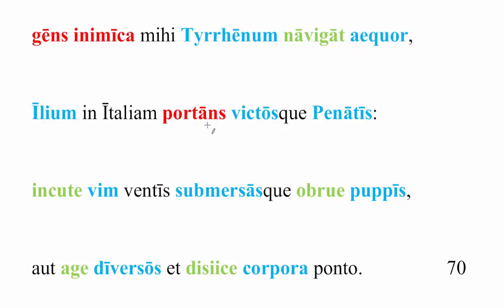And then we see here again, portans, a present active participle, taking two objects, Ilium et penates. All right, so this race is carrying or bringing Ilium, which we know also means Troy, to Italy, again, with this accusative, so we say to, and also carrying the conquered gods, right? Conquered household gods to Italy.